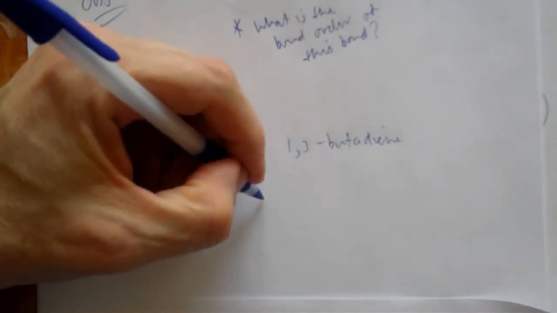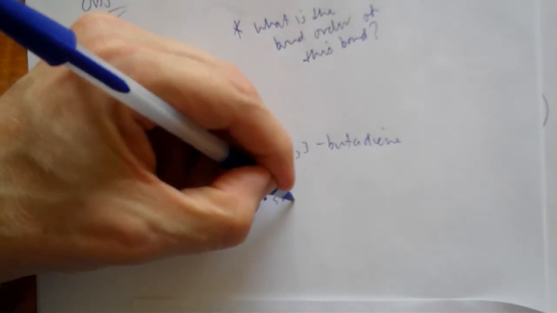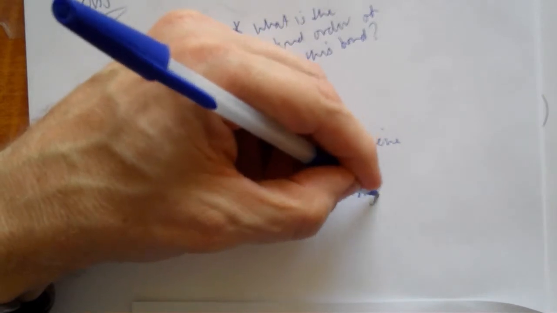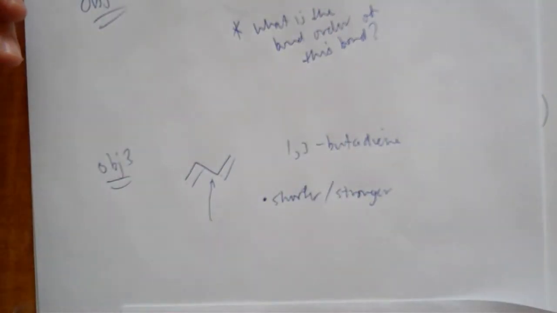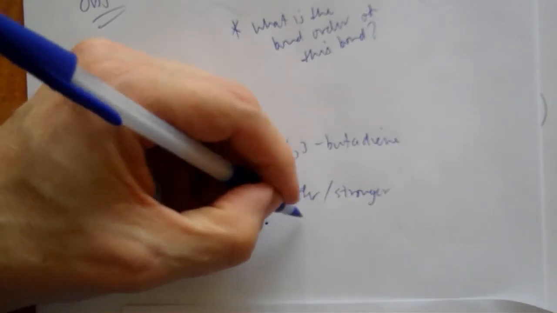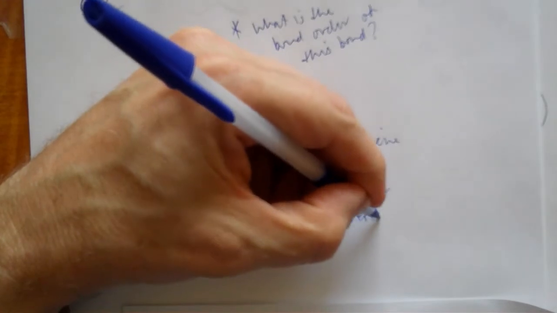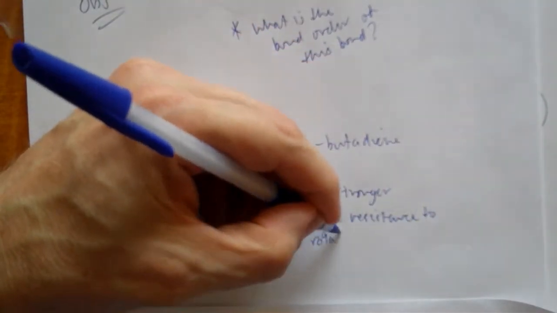There are two things we can get from that. Number one, it is shorter and stronger than a regular single bond. And number two, it has some resistance to rotation.